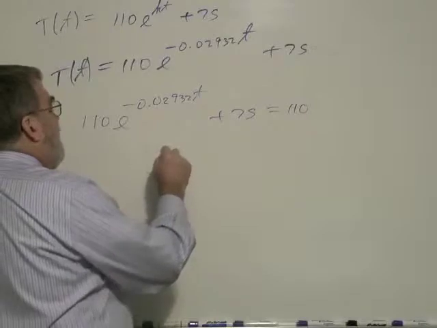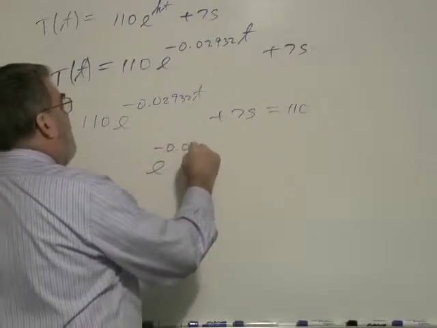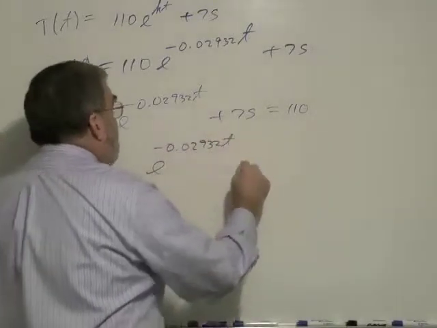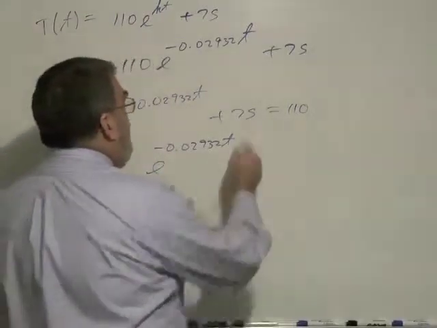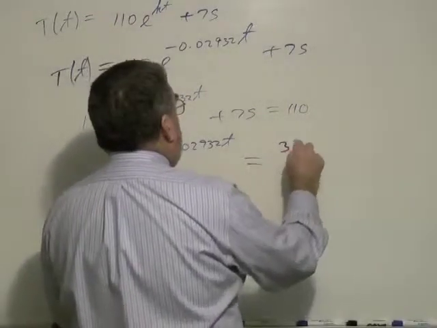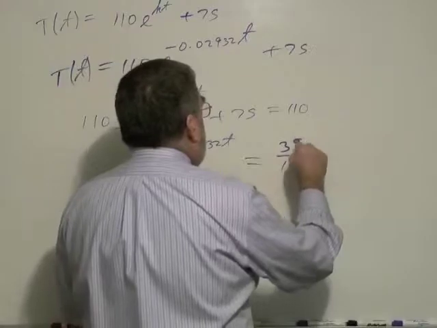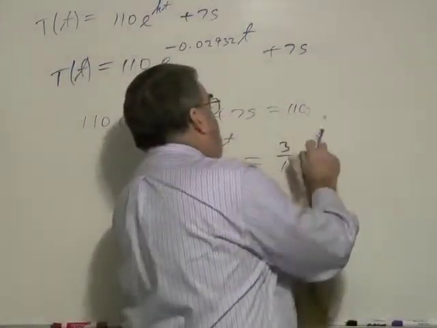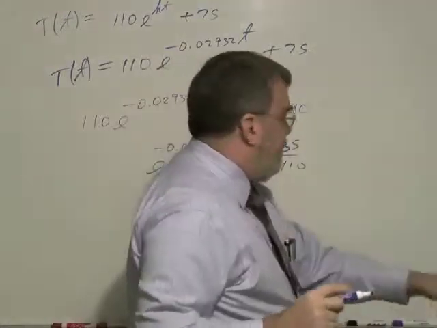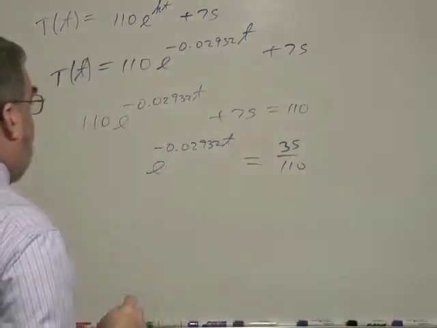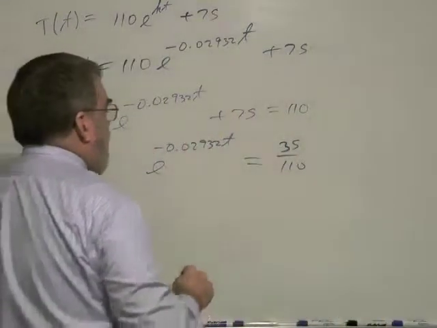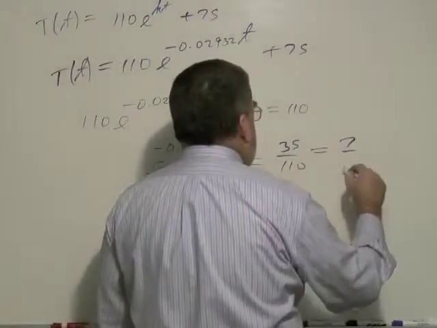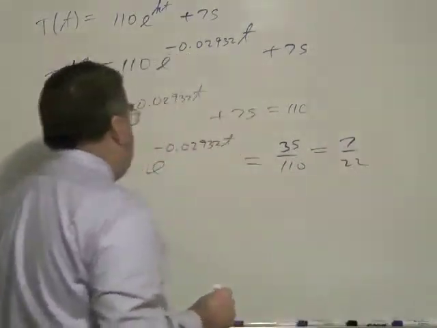So it gives us e to the negative 0.02932 t equals 35 over 110. And 35 over 110, if I simplify it, would be 7 over 22.